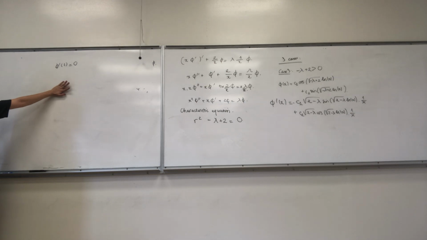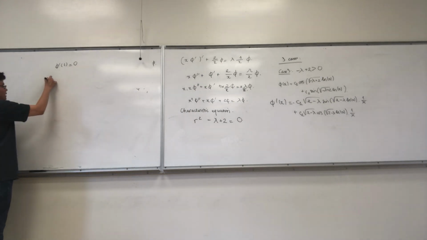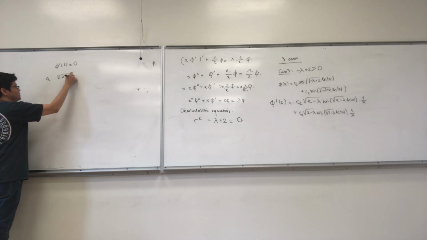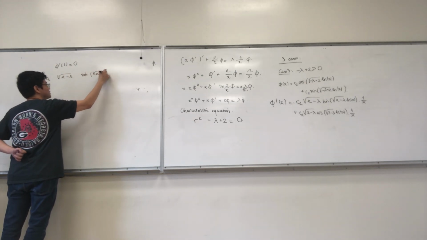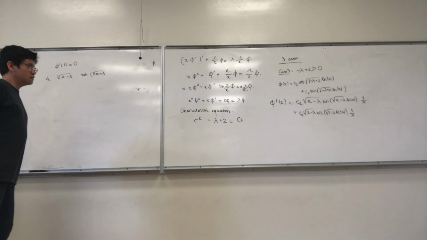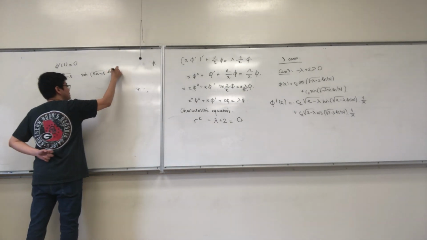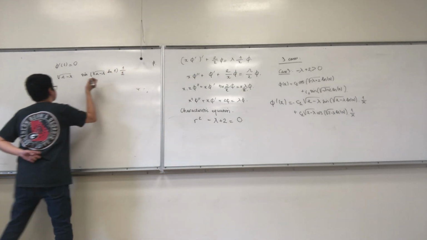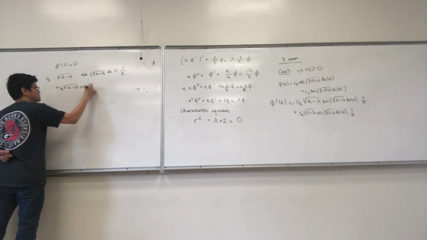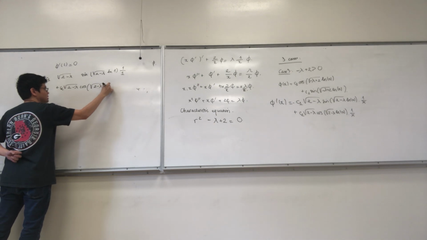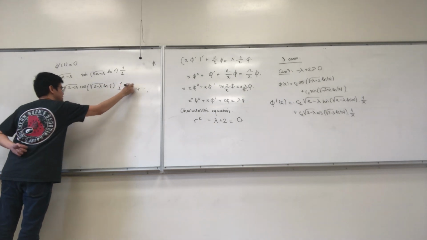Questions? So now you have phi prime at 1 is 0, which gives me c1 square root of 2 minus lambda sine of square root of 2 minus lambda log of 1, over 1, plus c2 square root of 2 minus lambda cosine of square root of 2 minus lambda log 1, over 1, and this is 0.